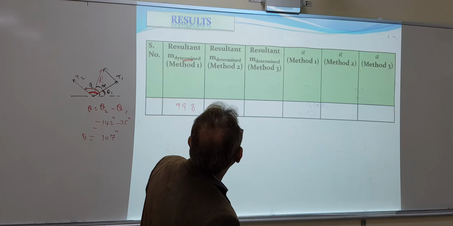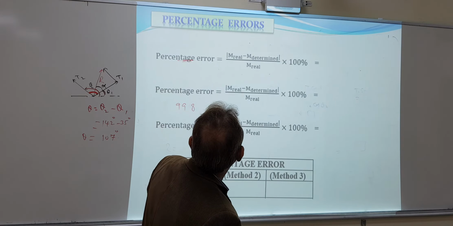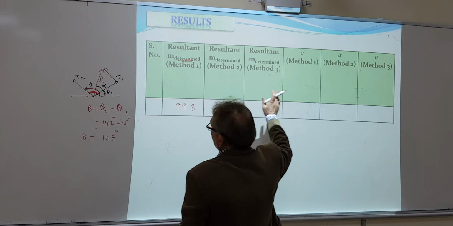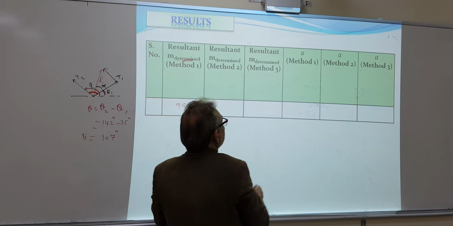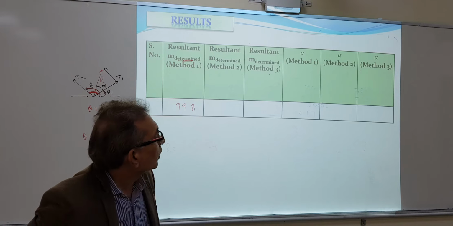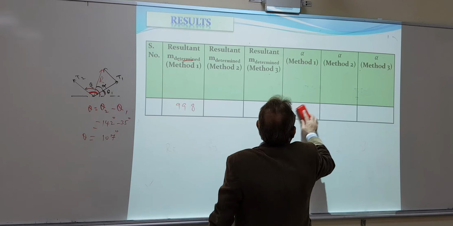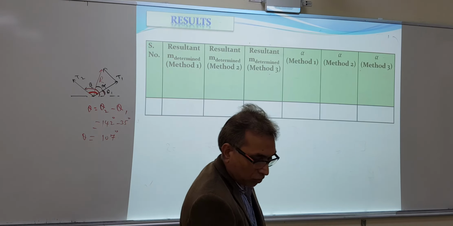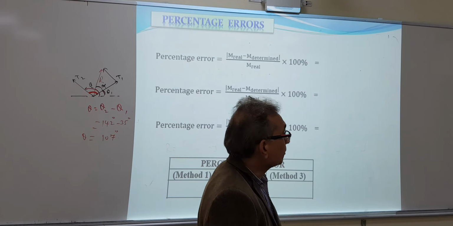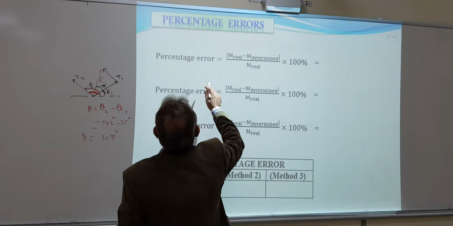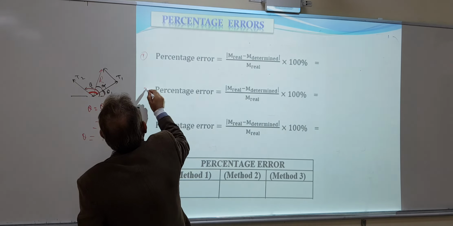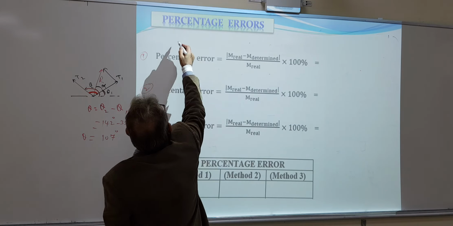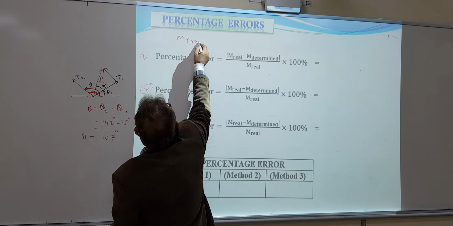And then similarly, you will write down alpha in the first method, in the second and in the third. This is the calculation. Now, finally, the percentage error. You have three methods. You have the real one with the balance. Please write down M real.